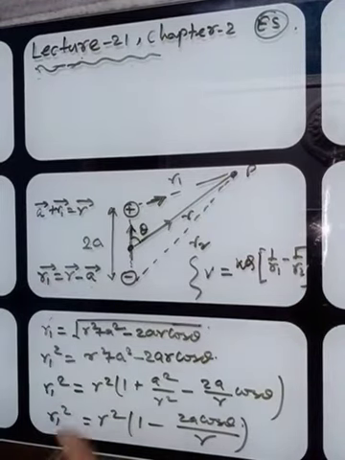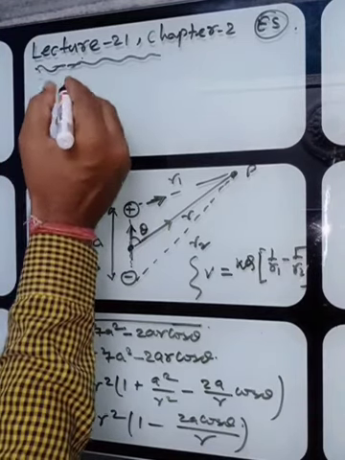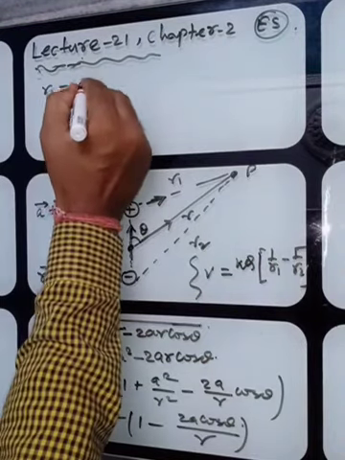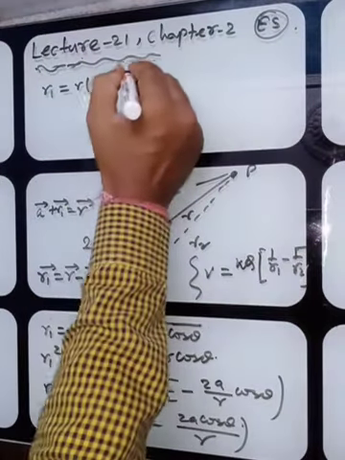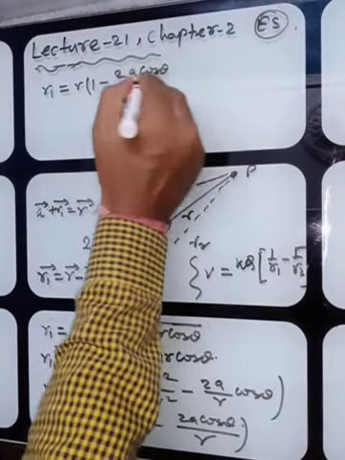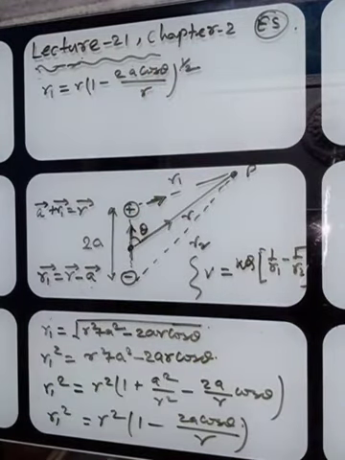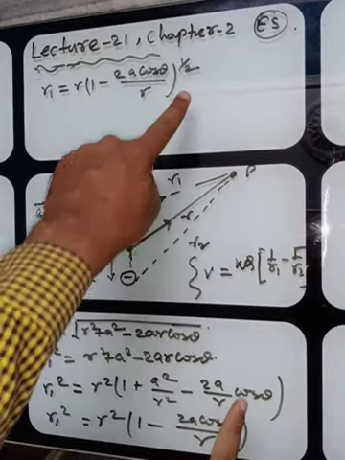So the R1 can be written as root under overall R, 1 minus 2A cos theta over R, to the power 1 by 2. Okay, taking square out, it will be in root under, and R square comes out from the root, but it is in root, and that root can be written as 1 by 2.